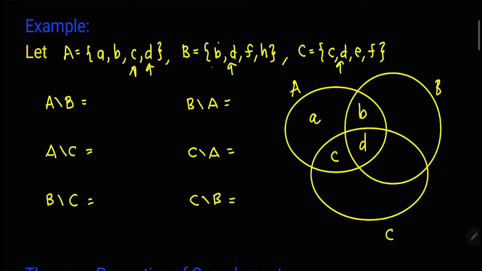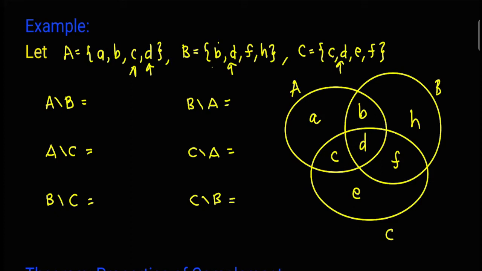The elements of B are B, D, F, H. So F is a common element with C, so I'm writing F here, H here. And then C, the only element not listed here is E, and it's not common to any of the other sets. So this is the Venn diagram for our sets.